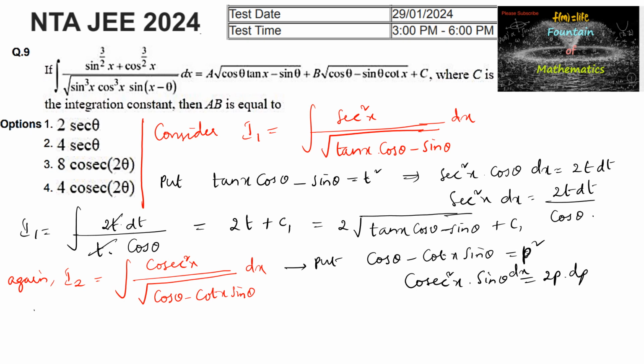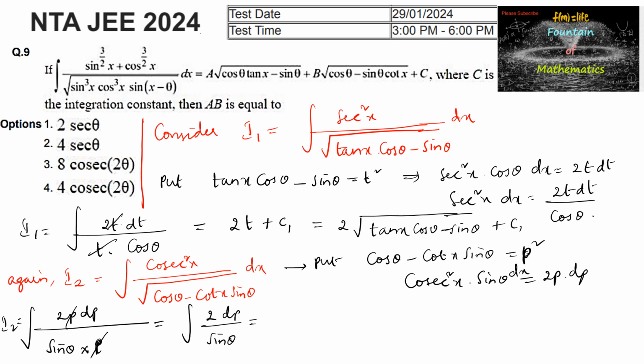So we can write integral 2p dp upon sin theta into under root of, sorry, p. So we can cancel here, 2 dp upon sin theta, which is equal to 2p upon sin theta plus c2.